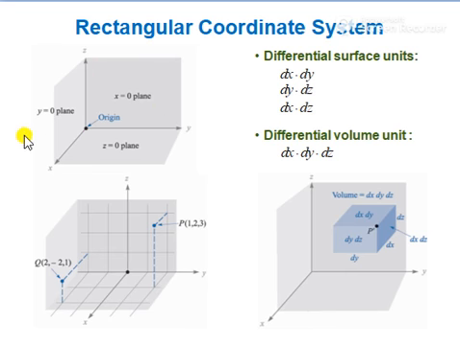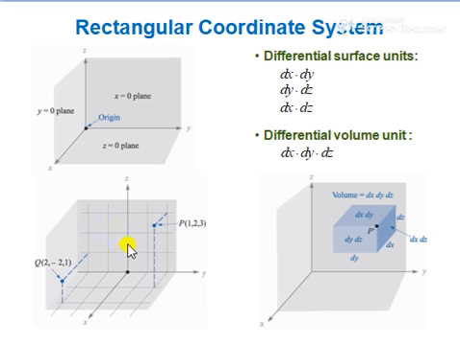Actually it is three-dimensional, but you can make it two-dimensional by considering the x equal to 0 plane, called the YZ plane. The z equal to 0 plane is called the XY plane, and the y equal to 0 plane is called the XZ plane. These are all two-dimensional planes.